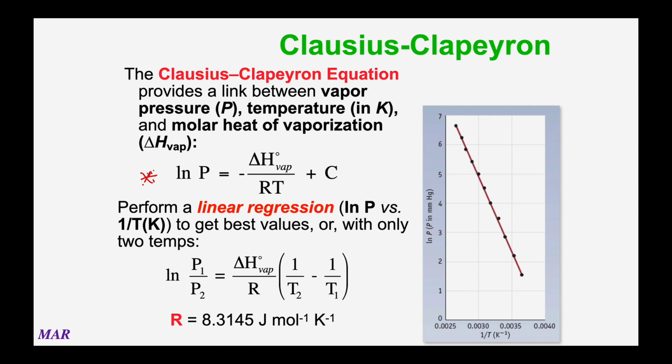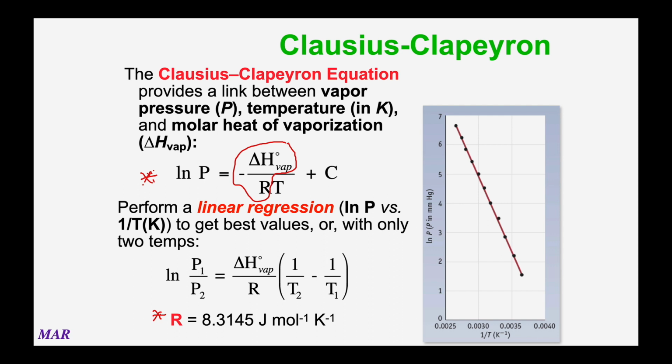The slope of the line is really important to chemists. This is a negative slope, and we'll talk about this a little bit more in one of the labs coming up, but the slope equals negative delta H divided by R. So what they're doing is plotting 1 over the temperature, so slope equals negative delta H vap over R. And R is the energy R that we talked about briefly in the gas law expression.